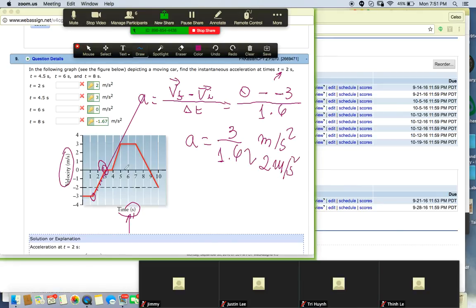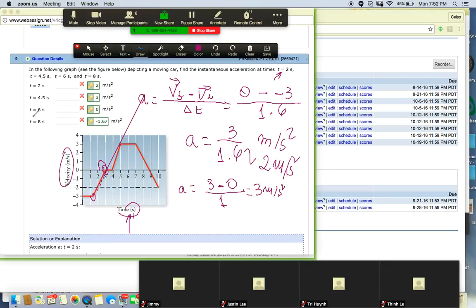Now for 4.5 seconds, what is the instantaneous acceleration at this point? Well, you do the same thing. Final velocity looks like 3 minus initial velocity 0, divided by the time interval, which looks like 1 second. Then you have your 3 meters per square second.